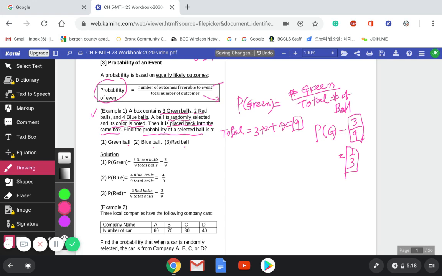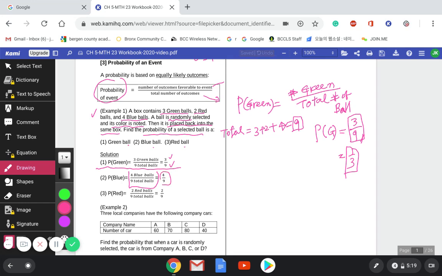Likewise, what would be the probability of choosing a blue ball when you randomly choose one ball from this box? Since there are 4 blue balls, it will be 4 blue balls out of 9 balls, so we end up with 4 over 9.